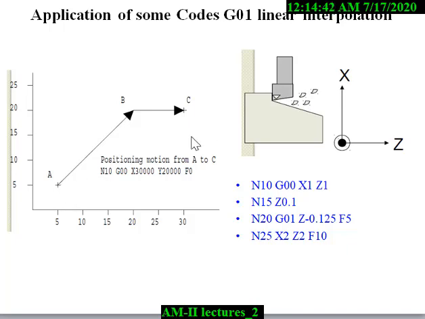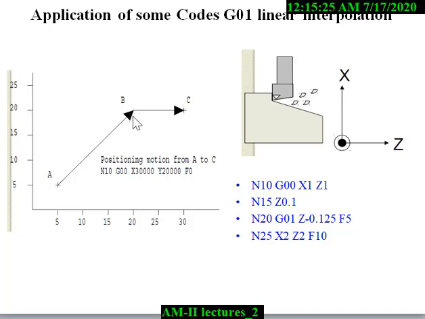Since the distance A to C has more length in the X direction compared to the Y direction, what will happen here is that both servo motors have the same maximum spindle speed. So in the first movement, both spindles will rotate at maximum speed, and it will cover the path making a 45-degree angle because both motors have the same spindle speed.